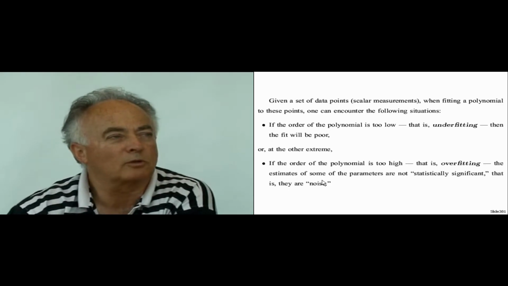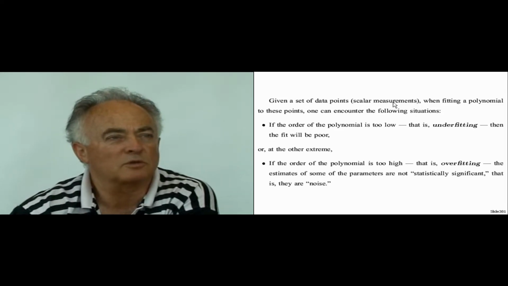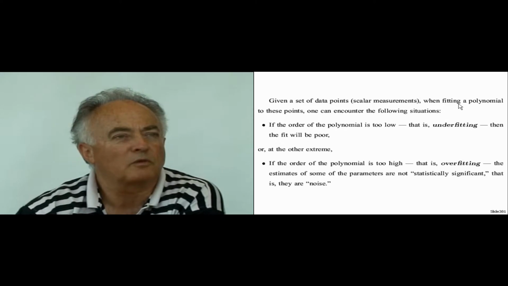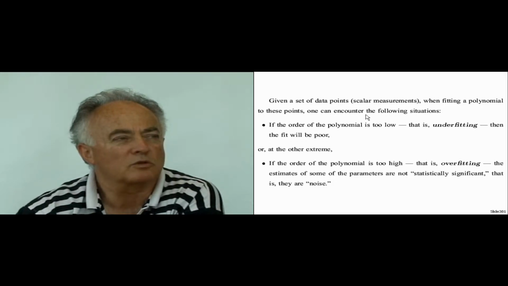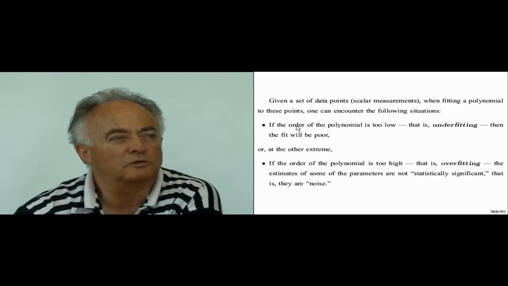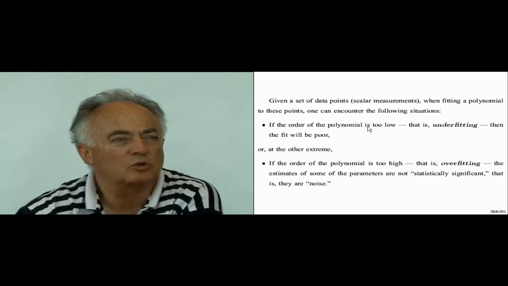So, coming back to our problem, we are given a set of data points. In this case they will be scalar measurements. And when fitting a polynomial to these points, we can encounter 2 situations. If the order of the polynomial we chose is too low, namely we are underfitting, clearly the fit will be poor.